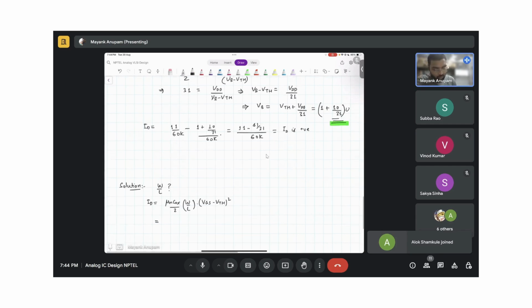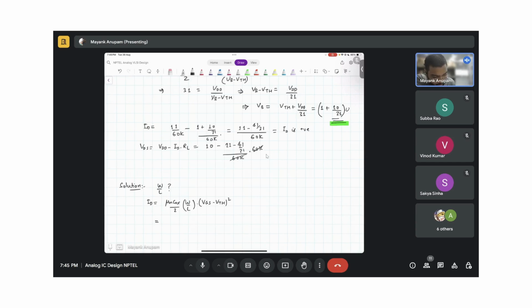Now what will be ID times RL? Basically VDS is equal to VDD minus ID times RL. VDD is 10 volts minus ID times RL. So ID is 11 minus 41 by 31 divided by 60k, times 60k.